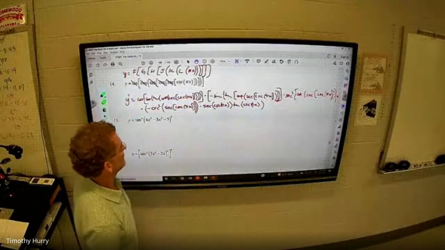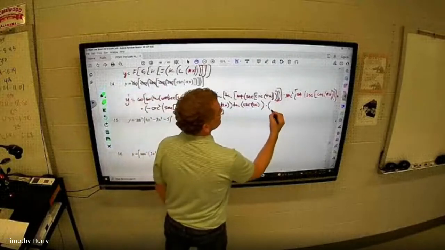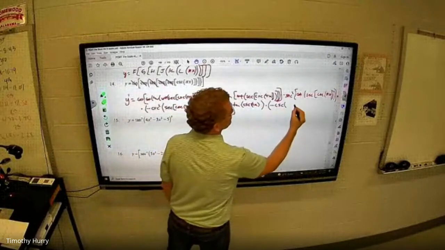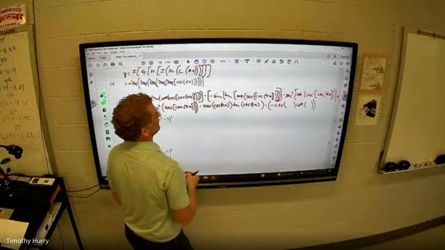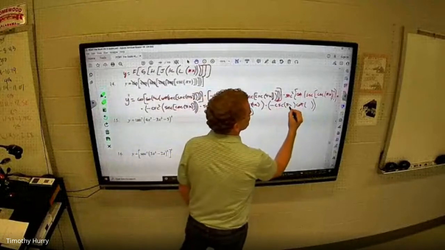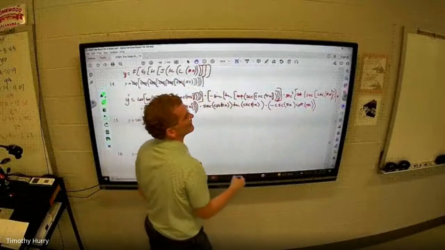Cosecant, cotangent. The derivative of cosecant blah is negative cosecant blah cotangent blah. So I need to copy the pi x in there, and that takes care of the cosecant. And then finally, times pi.